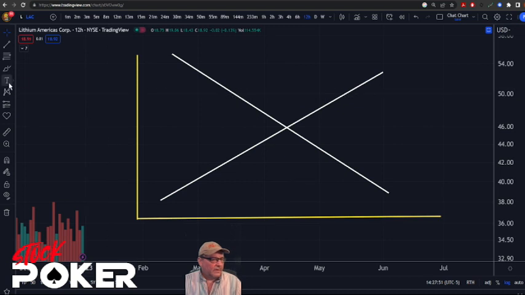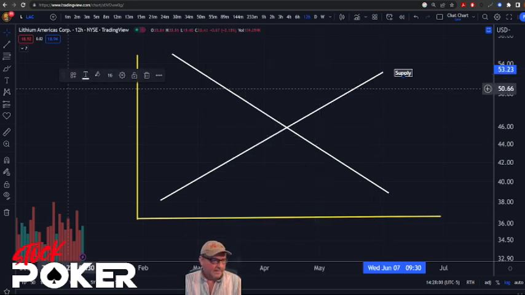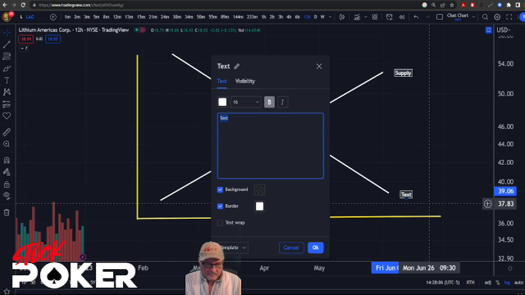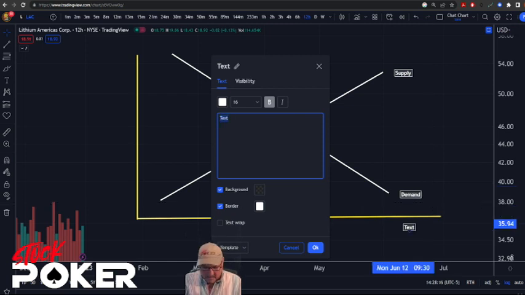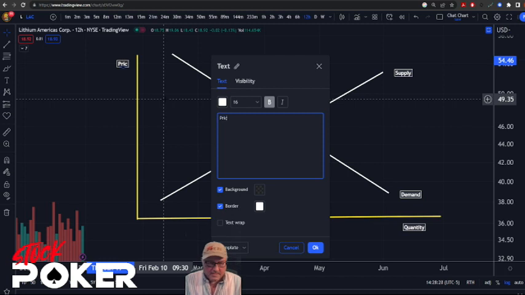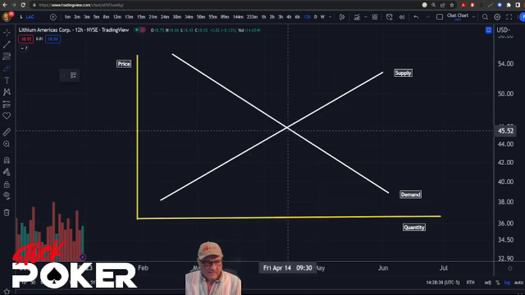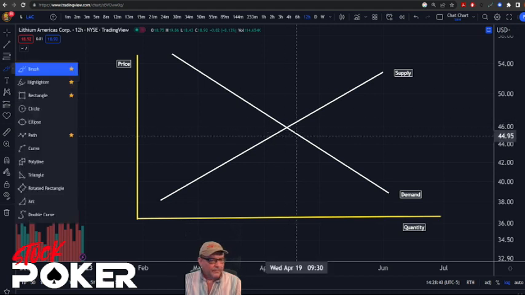Economics 101. You got your supply curve, or your supply line. It's rarely straight like this, no matter what you're analyzing. You got your demand curve, or your demand line. Your x-axis is quantity, and your y-axis is price. And what happens in a divergence, everything wants to be in equilibrium.